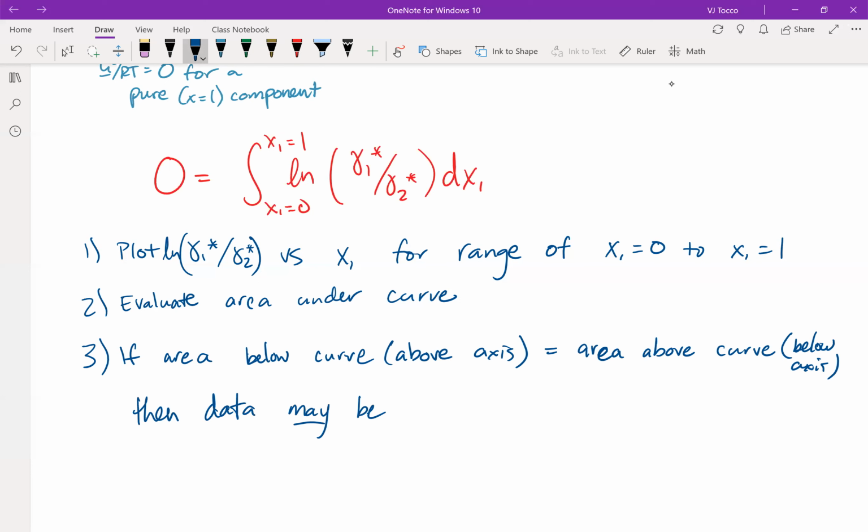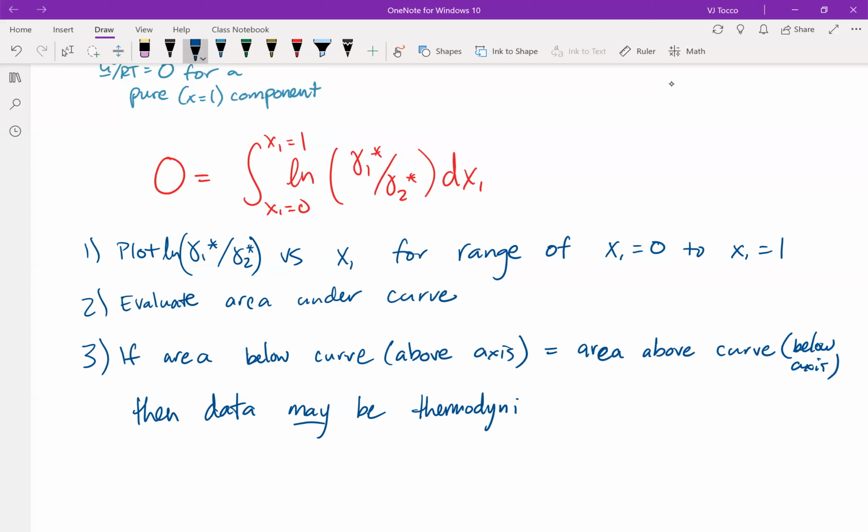And this maybe is kind of troubling because we've gone through all this work and it doesn't tell you for sure whether or not your data is legit or not. It just tells you that it may be. So in other words, if it fails this test, you know that it's no good. Whereas if it passes this test, there's still a possibility that it might not be any good, but it's a good sign. Then data may be thermodynamically consistent.